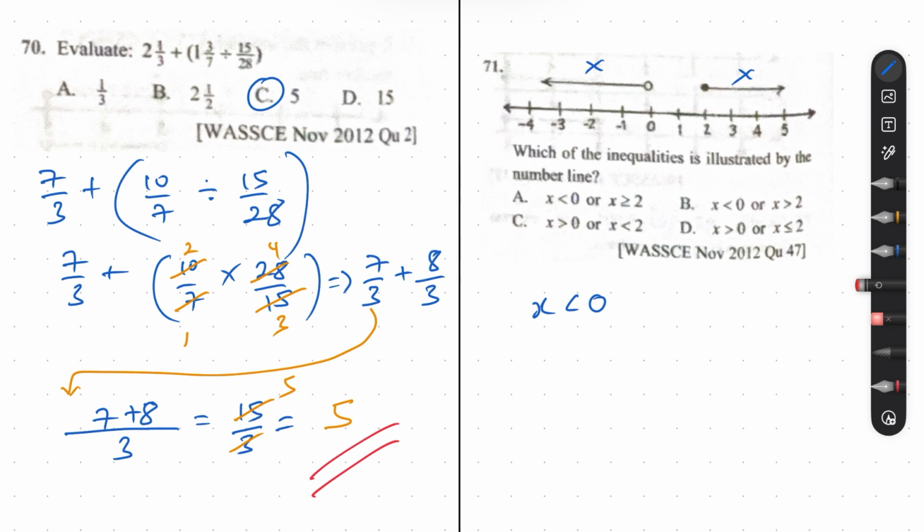So we cannot just use greater than, we have to use x is greater than or equal to 2, because of the shaded portion. So let's write it down. x is greater than or equal to 2. So this is our solution. Now let's see which of the options matches this. x is less than 0, x is greater than or equal to 2. Which is A. A matches our answer, so that is our answer.